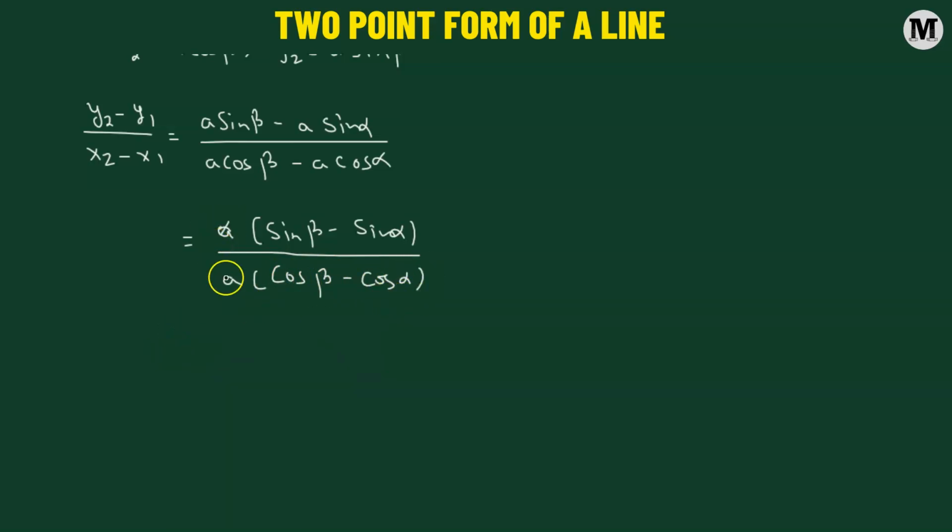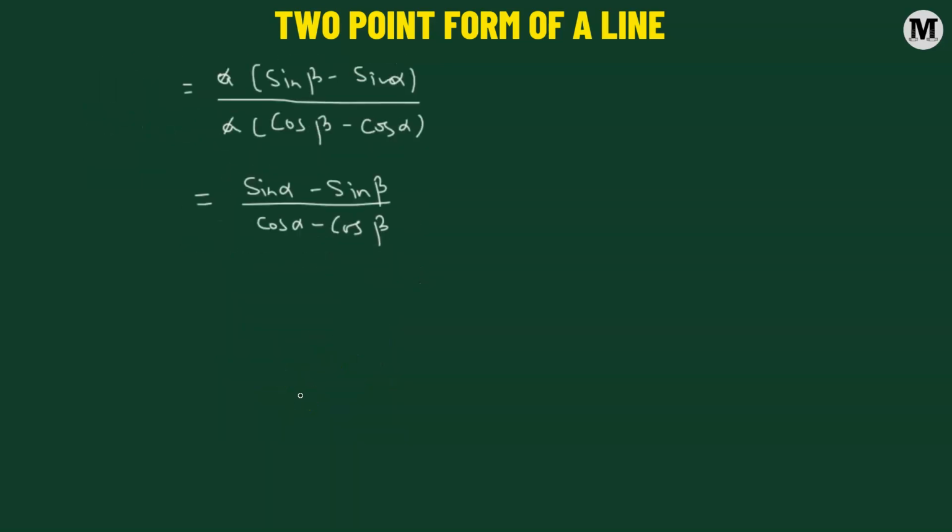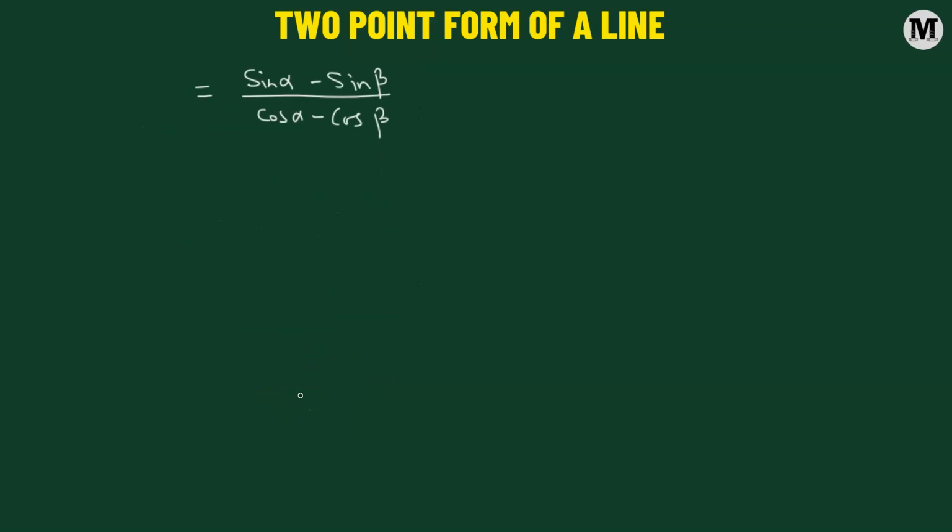Fine. So we can factor out a from both, and if we multiply both numerator and denominator with -1, we get sine alpha minus sine beta divided by cosine alpha minus cosine beta. Now we have a difference of two sine functions in the numerator and a difference of two cosine functions in the denominator, so there's a standard identity.